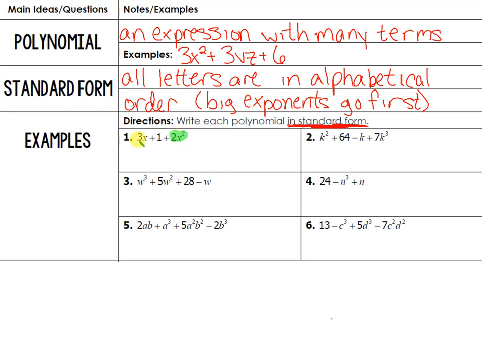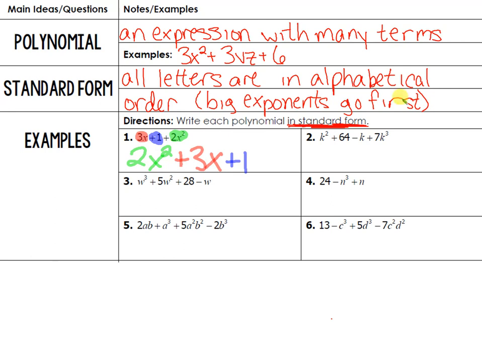I don't care about the coefficient that the 3 is bigger than 2. I'm simply looking at the exponent. So in standard form, 2x squared would come first. If I look, my next biggest exponent or variable would be the 3x by itself. So plus 3x. And then we're going to end it out with this plus 1.